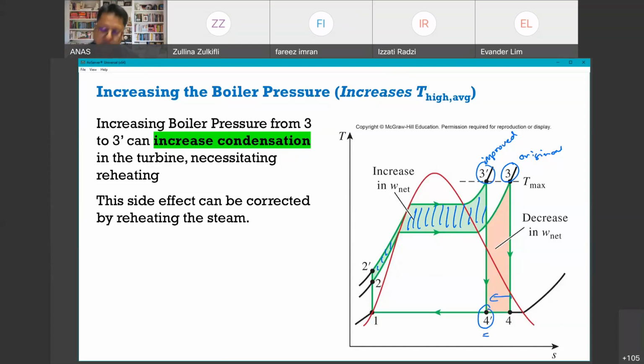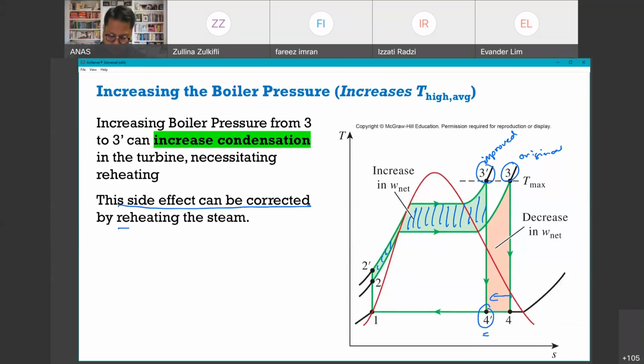However, this side effect can be corrected by reheating the steam, which we're going to look at in a bit. So there's no one method that is the best. You do something for what you are trying to achieve, then you look at the side effect and try to give a solution to the problem that you encounter.